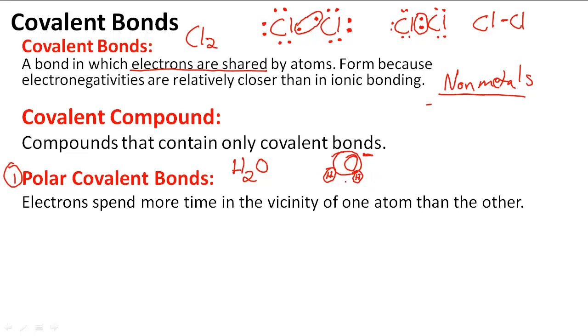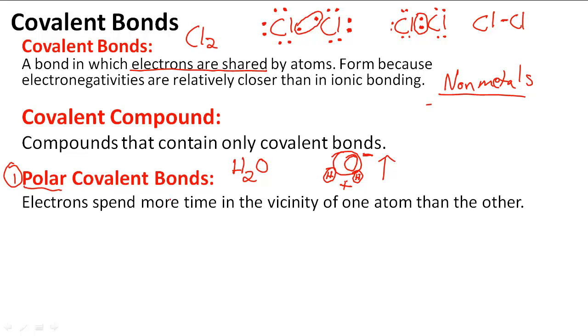And there's going to be a partial positive charge here because those electrons are leaving the vicinity of the H's to go to the oxygen. And now that they have a partially negative charge and a partially positive charge, they have poles or ends that are partially negative and partially positive, and that's why we call it a polar covalent bond. And electrons are spending more time there.